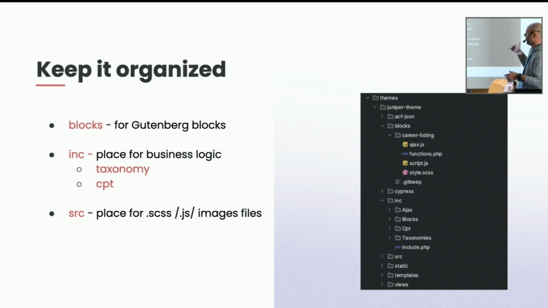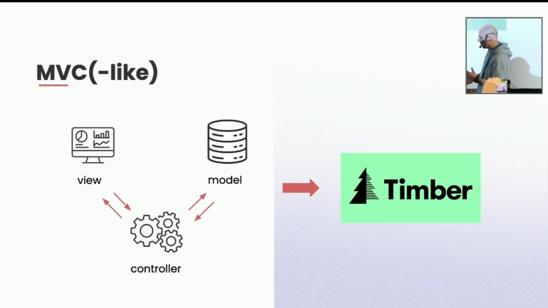We are just splitting every project into blocks for Gutenberg, and also placing in a well-organized way the business logic, the custom post types, taxonomies, and so on, just to make the project easy to navigate and to help build it in an object-oriented way.